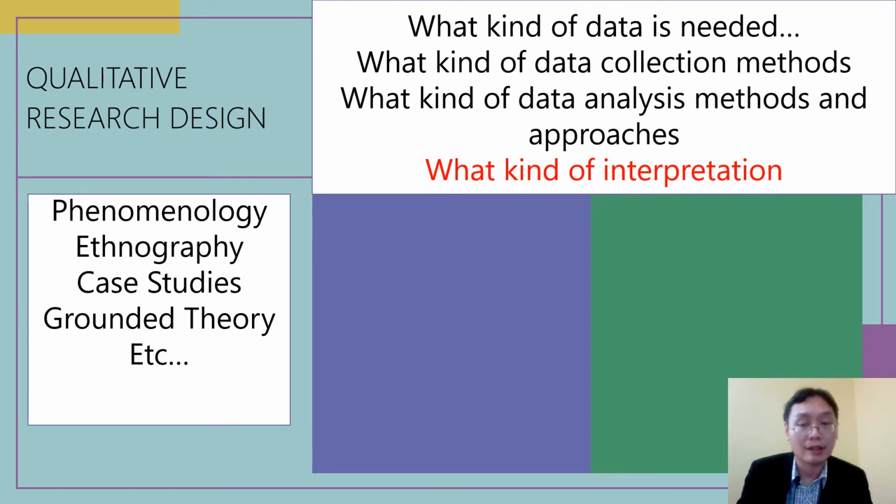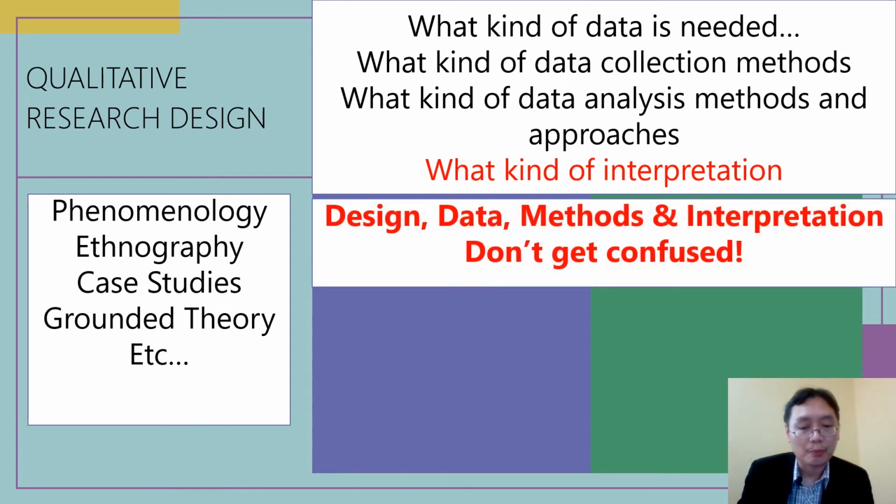Like I said just now, the big idea is data, coding, themes, what kind of data analysis method and approaches, whether it's inductive or deductive or a combination of both, and what kind of interpretation. Now, this is the most important part because that will determine how you see your themes and how you write your stories. Now, in a nutshell, you have to think about design, data, methods, and interpretation.